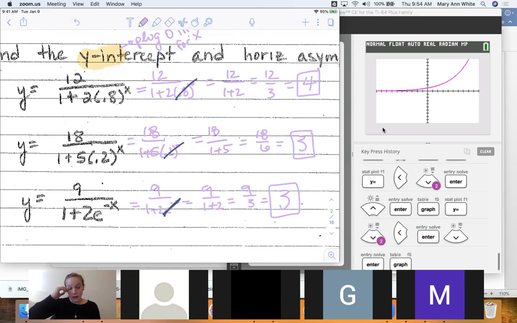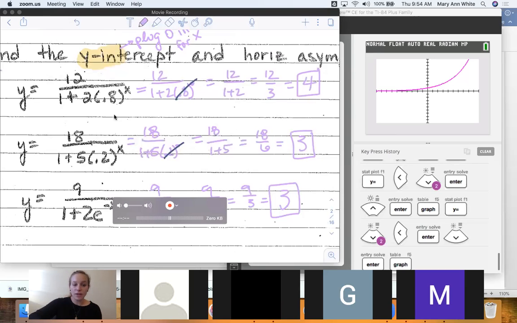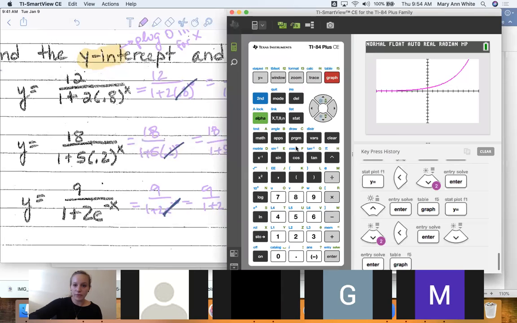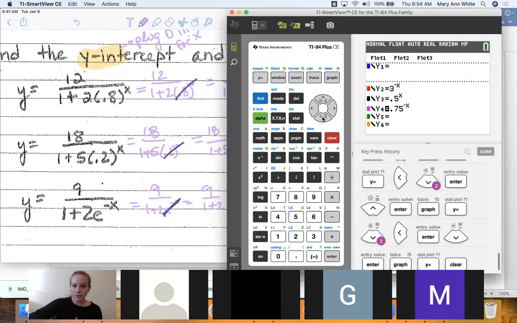Okay. Now, horizontal asymptotes. When we did rational functions, we had to look at some exponents. This, you only have to look at the equation, and I'm just going to graph it for you to prove a point. You will not have to graph these in the future.